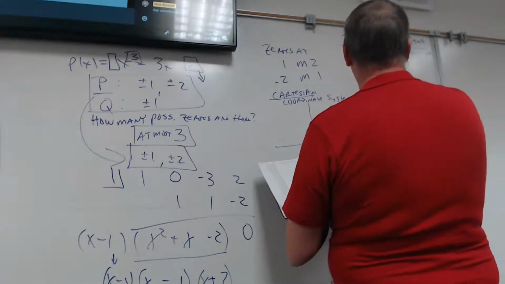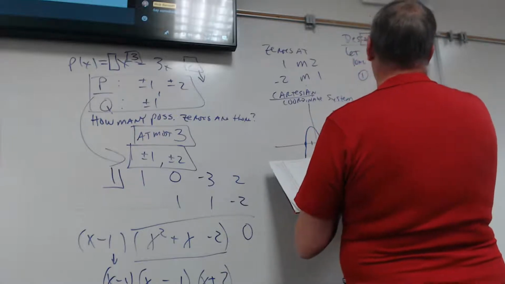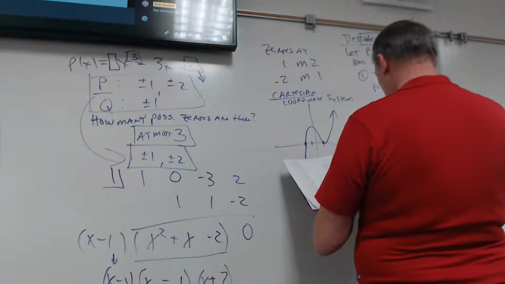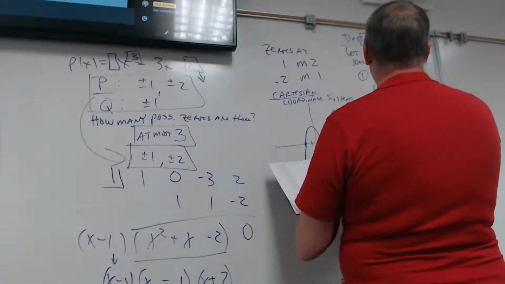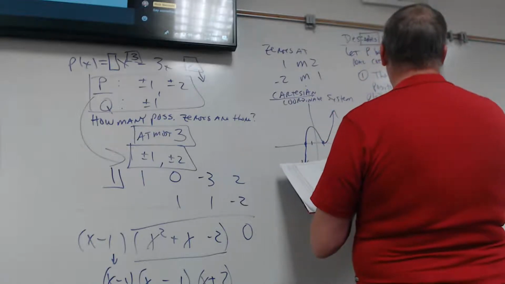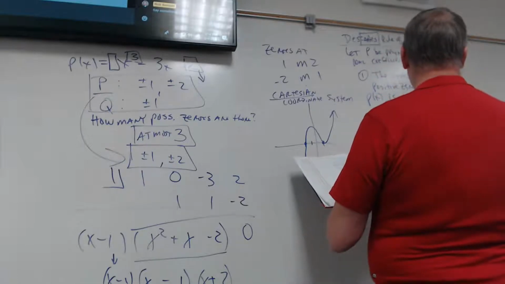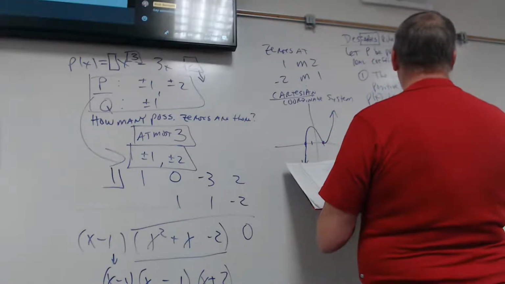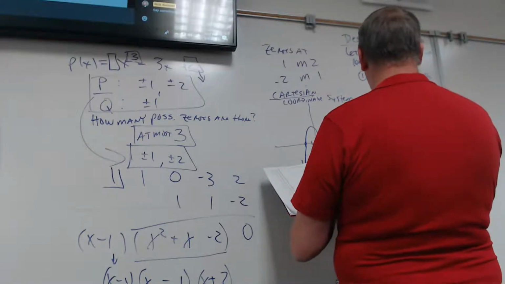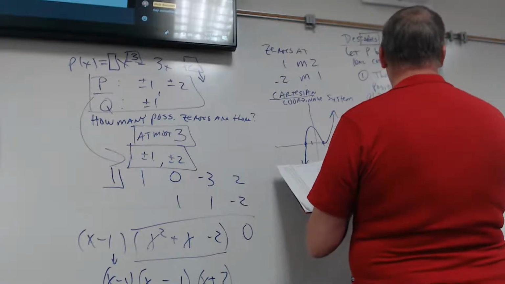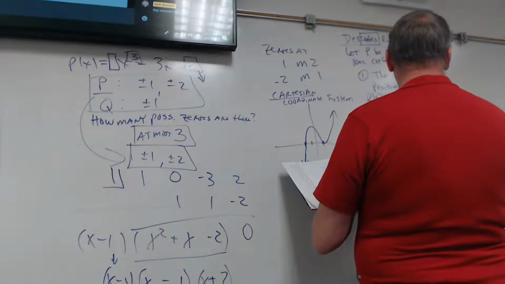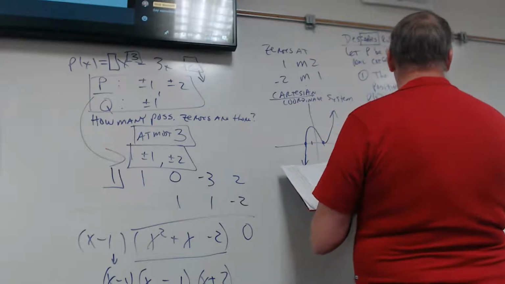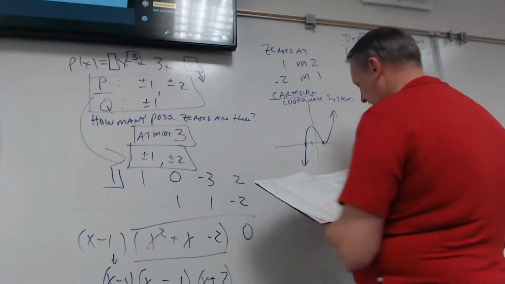And so rule number 1 says the number of positive zeros of P of x is equal to the number of variations in sign in P of x, or is less than that by an even whole number.